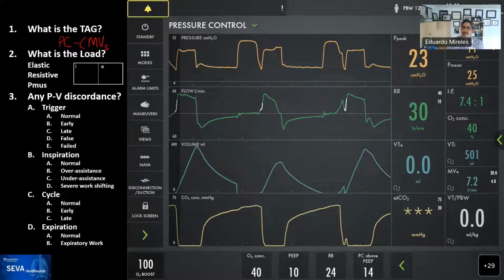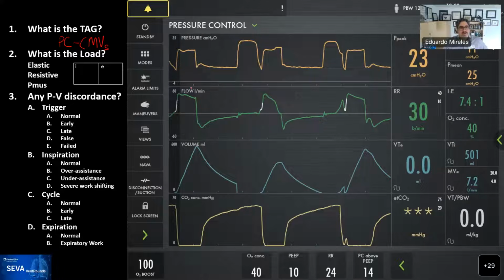All right, I'm starting to see some comments come in. Remember, that's why we always put the tag. If we are controlling pressure, then we look at the flow during inspiration, and during expiration we always look at the flow. So during inspiration, I will point out a couple of items.